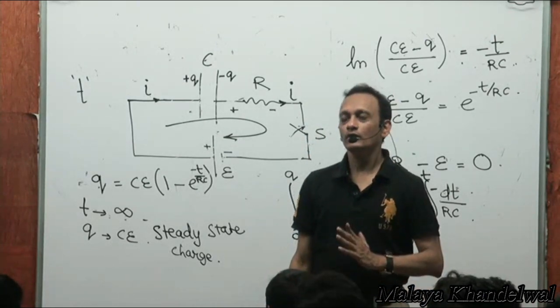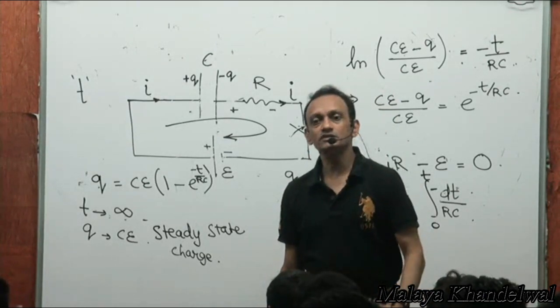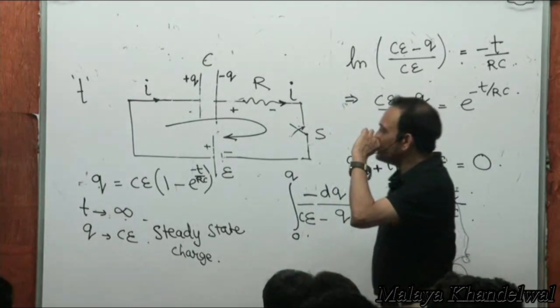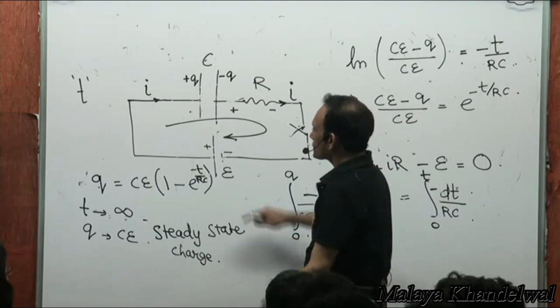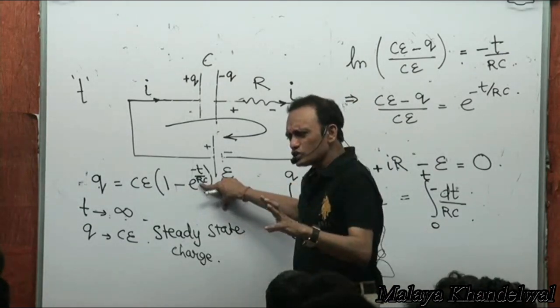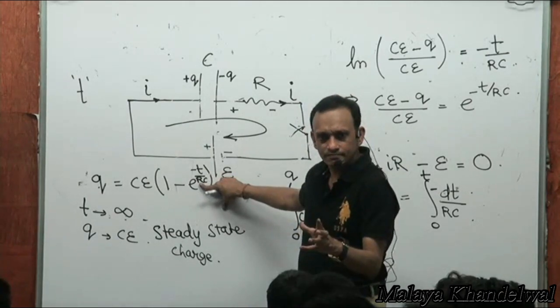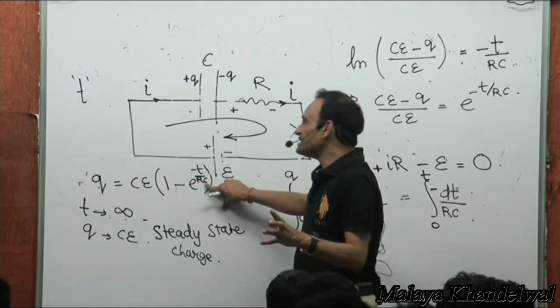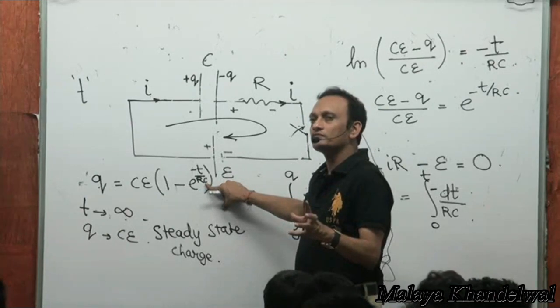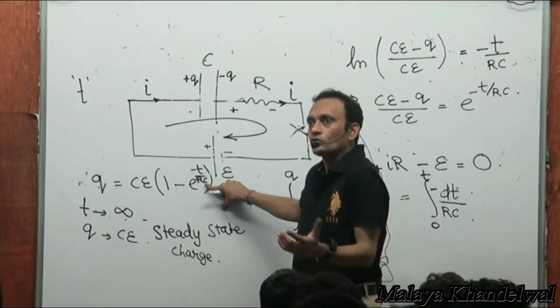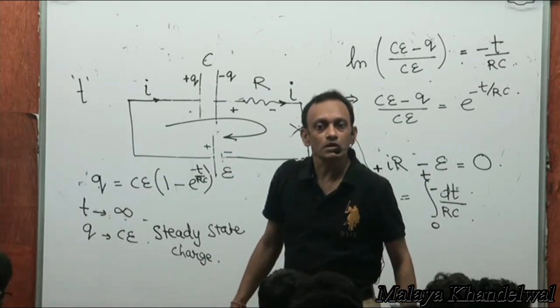No. Now, when I say t equal to infinity, what it really means is, see, R is of the order of, say, a few kilo ohms. C is of the order of, say, a few microfarads, right? So RC is actually a very small number.